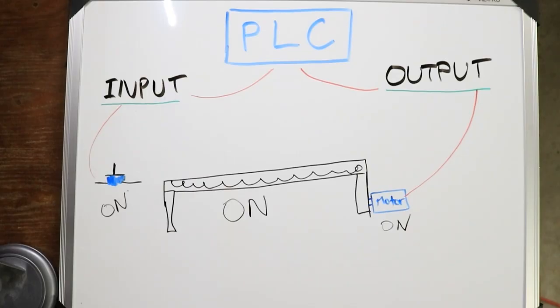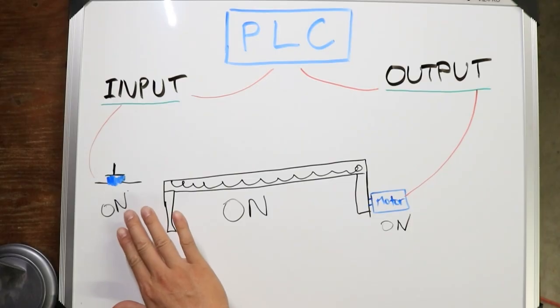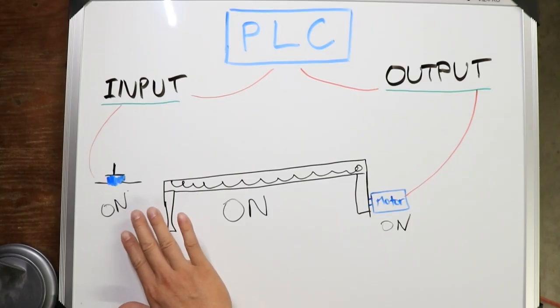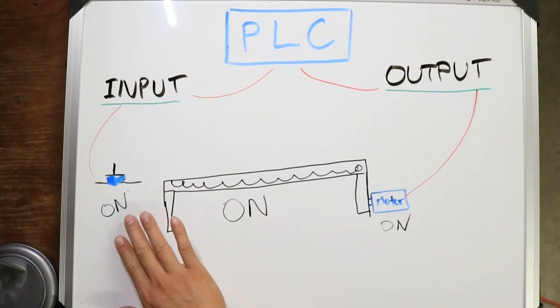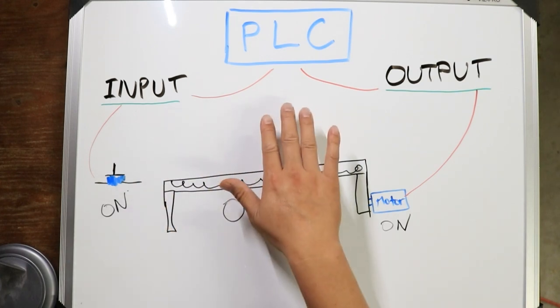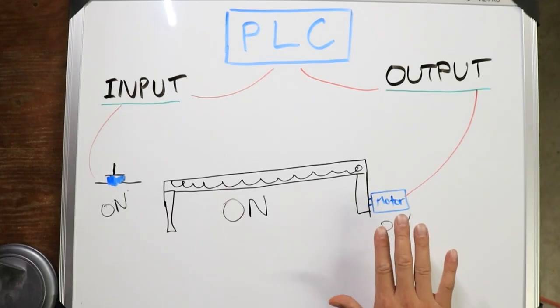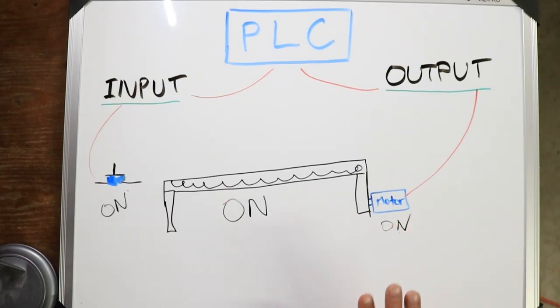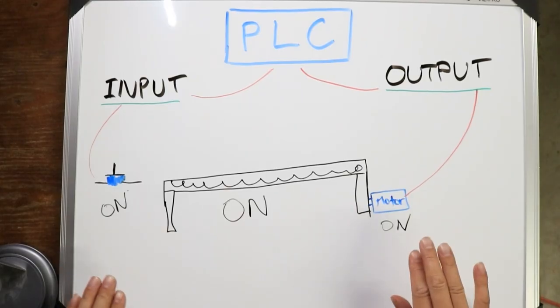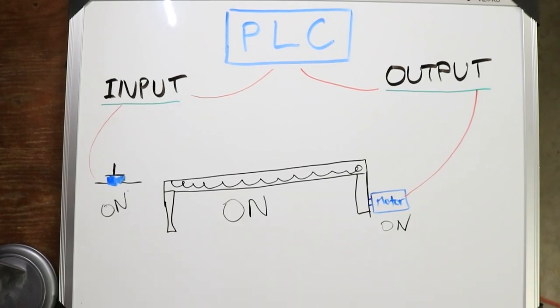But at the very core, you're going to have an input that is in its normal state. Then it changes state, and based on that change of state, the PLC will send an output out to make something turn on, off, make it work, activate, whatever you want to call it, and it completes a circuit, as you can see. Okay?